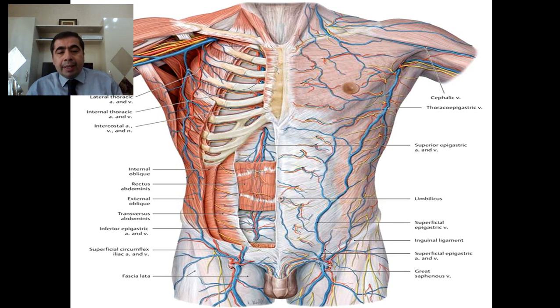You are looking at these vessels, the inferior epigastric vessels and the superior epigastric vessels. Here, within the vagina of the rectus abdominis, within the rectus sheath, they form a very important anastomosis.